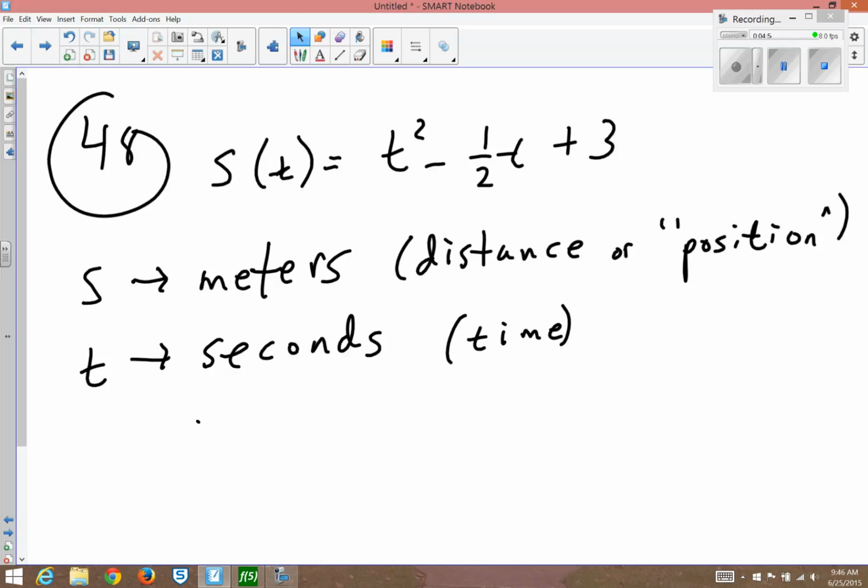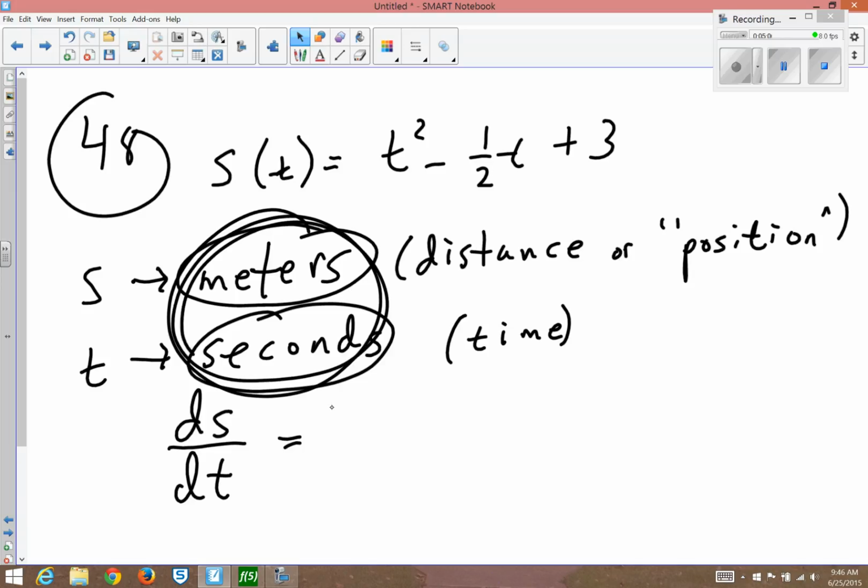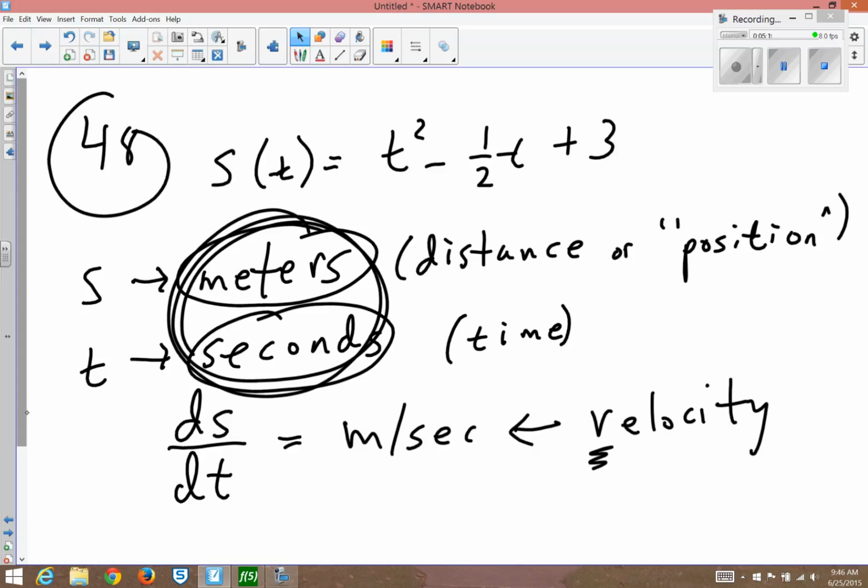When we find the derivative of s with respect to t, we get something that would be measured in meters per second, and we call that velocity. V for velocity.